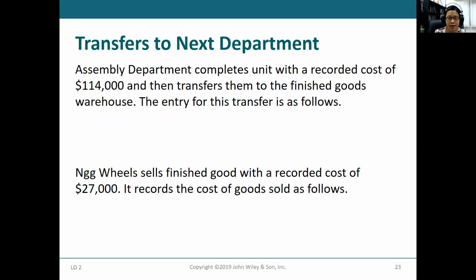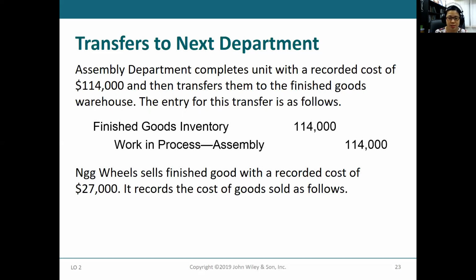Now, let's look at this example. The assembly department completes units with a recorded cost of 114,000 and transfers them to the finished goods warehouse. So we finish producing the products, and the assembly department will transfer the finished goods to the warehouse. Then we debit finished goods inventory 114,000 and credit work in process from the assembly department 114,000.